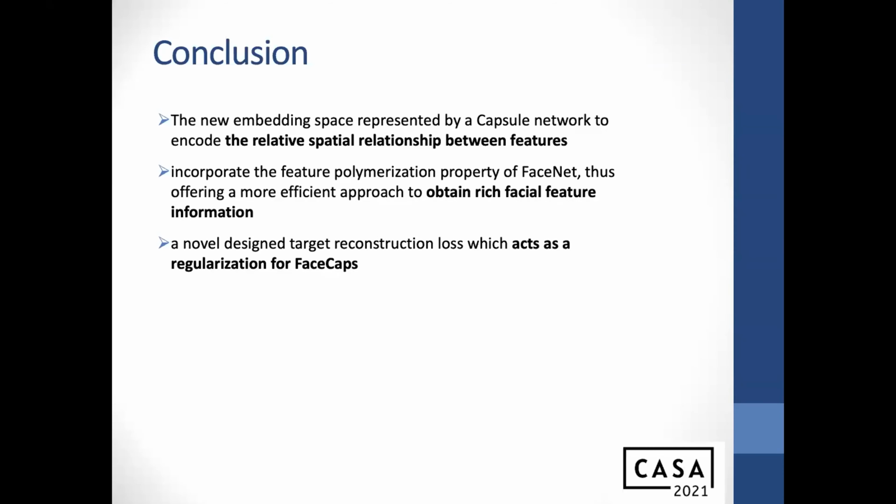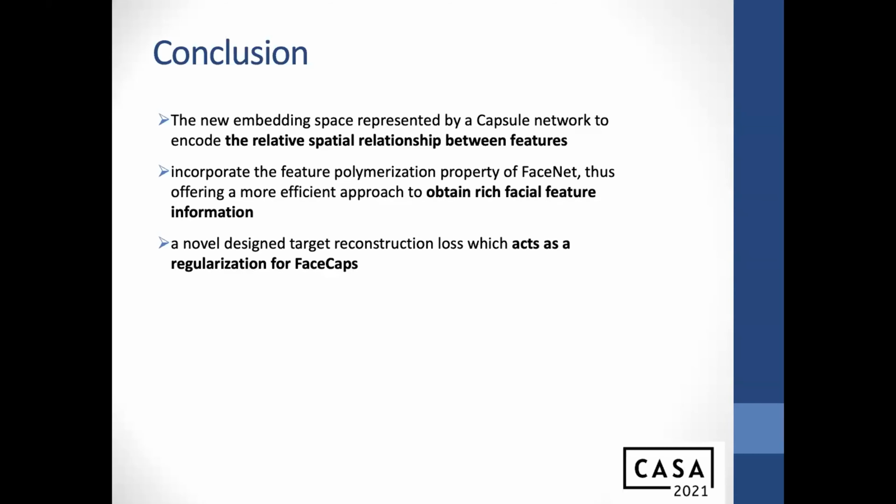However, I think this work has some limitations. The first one, the capsule network has a lot of parameters, so running the model spends a lot of time, and each capsule represents 1 facial expression.